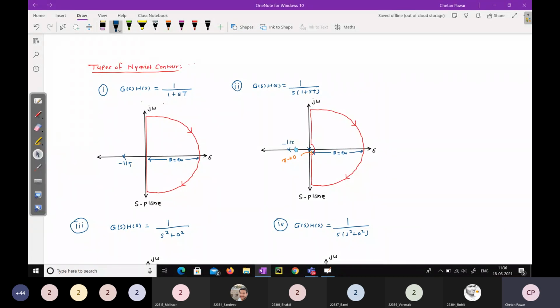This will be -1 and this will be at 0, right? Here you can see two pole locations are there. Now one thing is important here. When you draw the Nyquist contour, don't include any pole in the path of contour. So you just need to exclude this pole at origin.